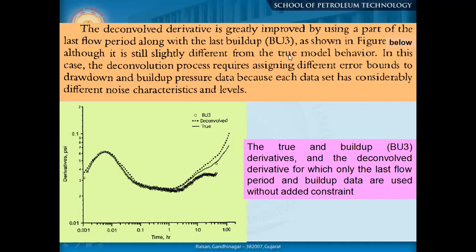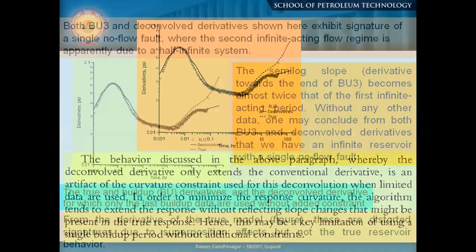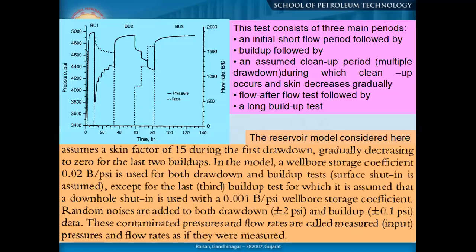In this case, the deconvolution process requires assigning different error bounds to drawdown and build-up pressure data, because each data set has considerably different noise characteristics and level. So what we discussed earlier, I'll go back to the initial graph so you can understand.